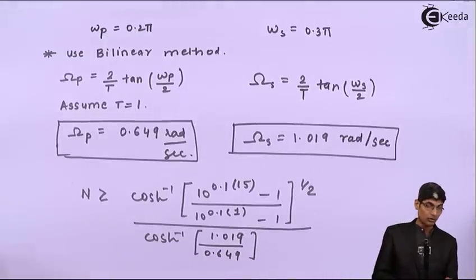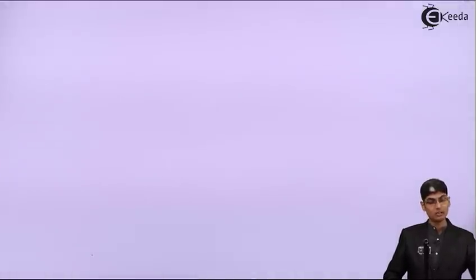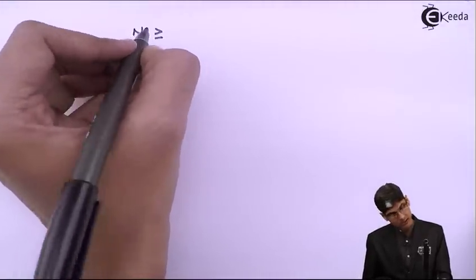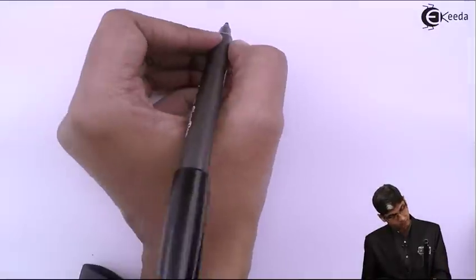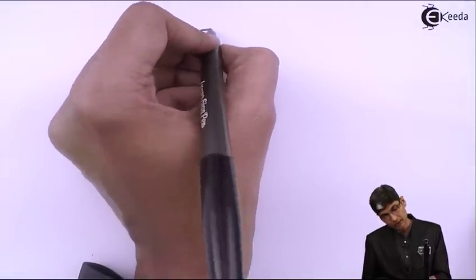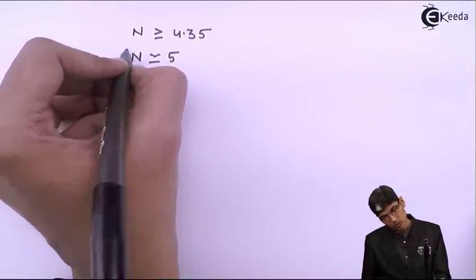Once you solve this in your calculator by taking the cos inverse of trigonometry, you are going to get n greater than or equal to 4.35. So I will approximate to the next highest integer, 5.